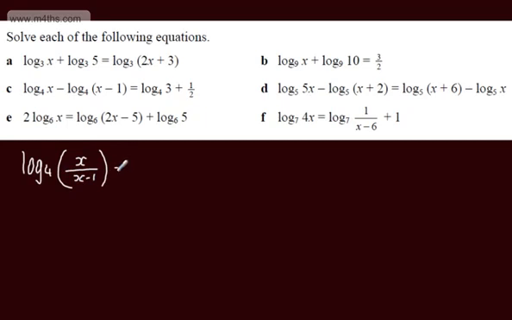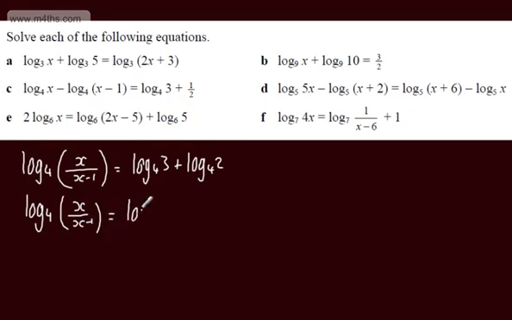And we've seen this as one of our log laws. On this side, I'm now going to write this as log to the base 4 of 3 plus log to the base 4 of 2. I've now got a sum, so on the right hand side, I can write log to the base 4 of 6.